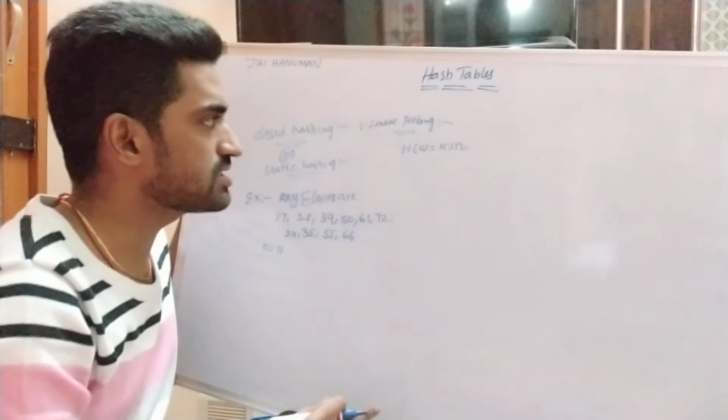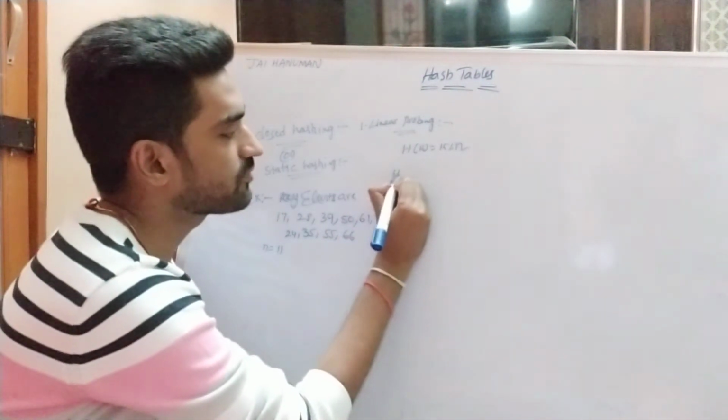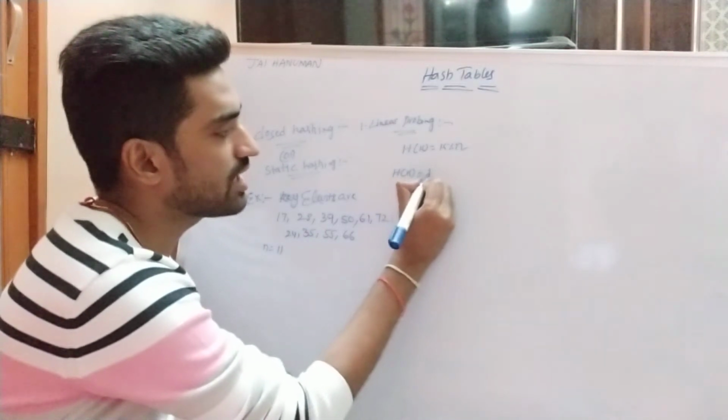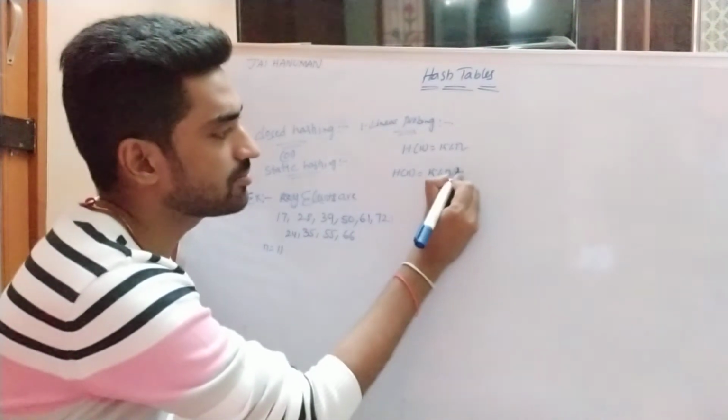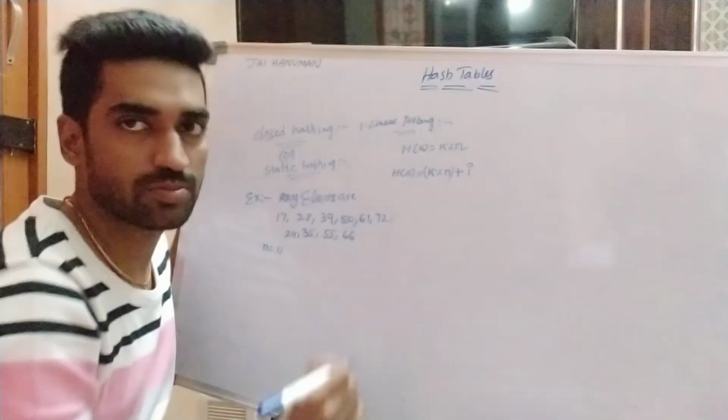For that purpose, linear probing uses one formula. What is the formula? H of k is equal to k modulo division of n plus i. So this is the formula for linear probing mechanism.